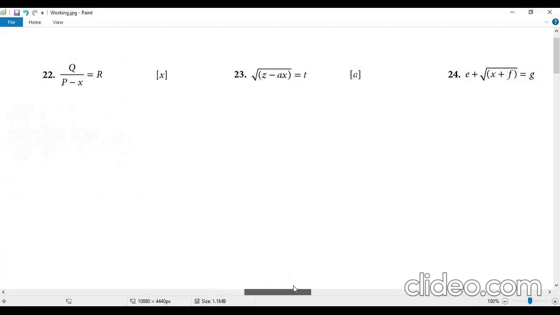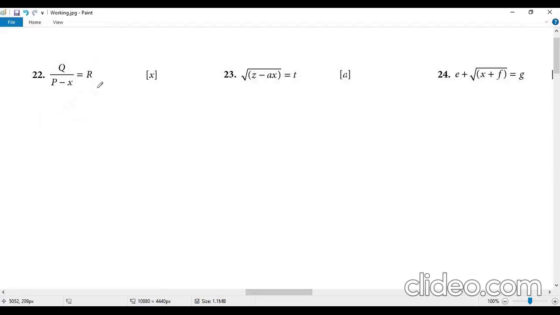When it comes to the next question, it says x to be made subject. That means q will be equal to r multiplied by p minus x. That means q over r equals p minus x. That means I am going to make q over r plus x equals p.